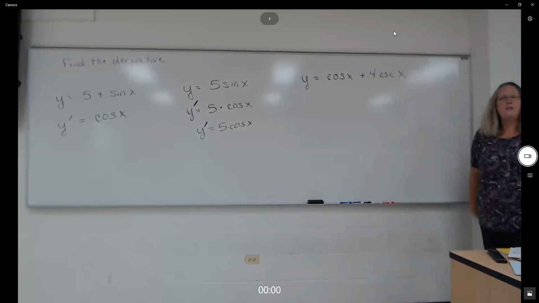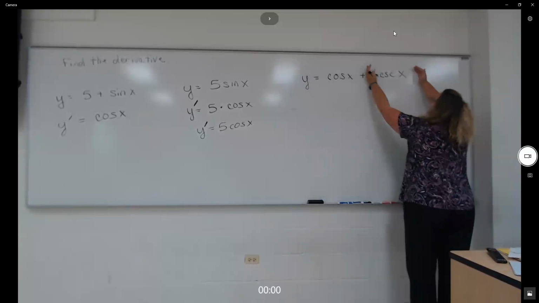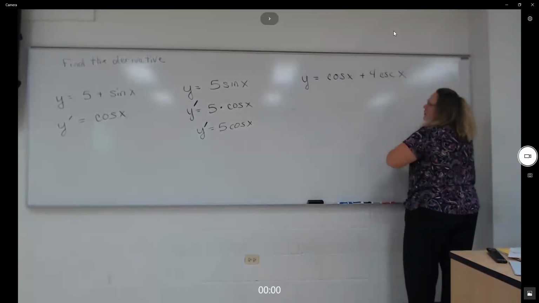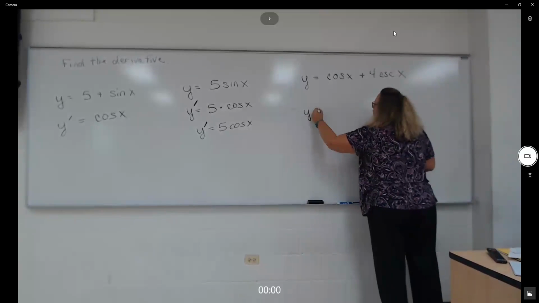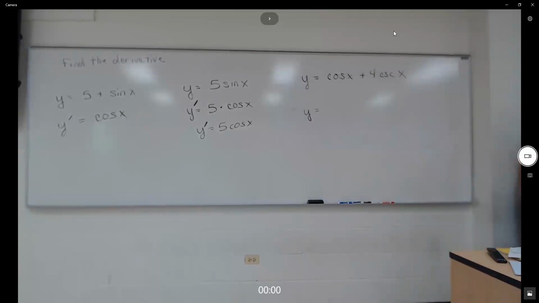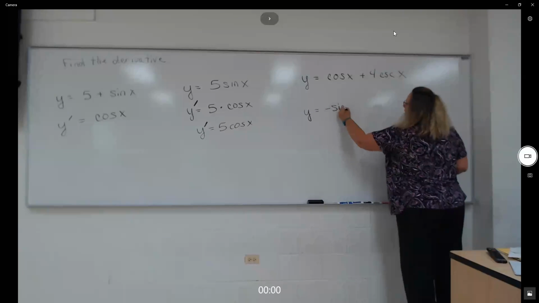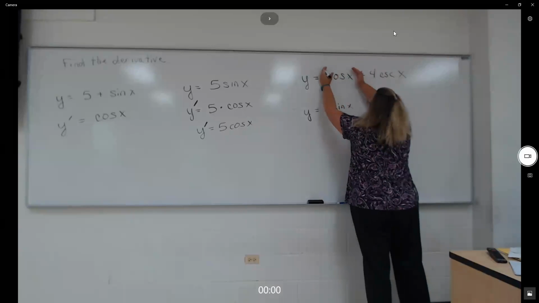So kind of like that first one, we're going to do the terms. We've got this term, and then we've got this term. We've got two terms, and we're just going to go through it. All right, derivative of cosine, negative sine, and that's it. We did that first term.